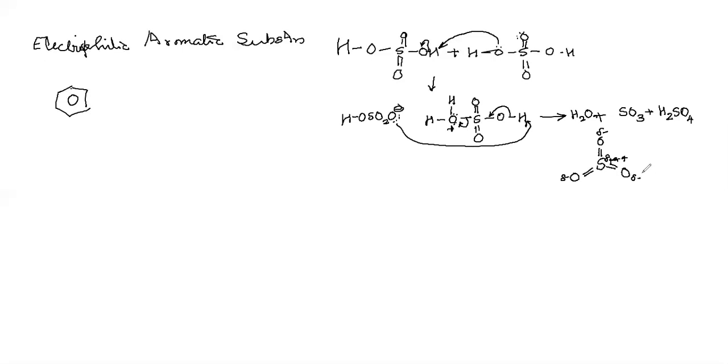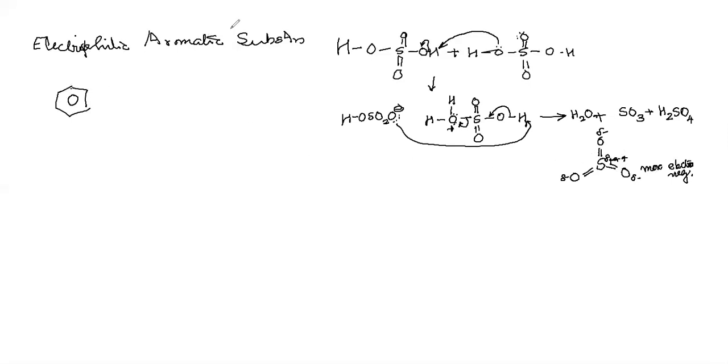Why is it delta minus? More electronegative. Oxygen is more electronegative, therefore sulfur is highly deficient of electrons. It attracts this pair of electrons towards oxygen. So 6 pairs of electrons are attracted towards the oxygen, and that makes it a very strong electrophile.